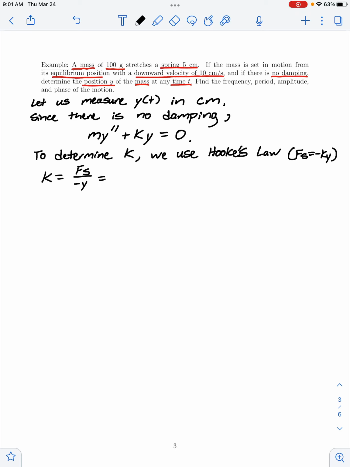And here our spring force would have to be equivalent to the weight of our mass hanging on the end of this spring. So we have the weight of this mass is equivalent to our mass times the acceleration due to gravity acting downward.